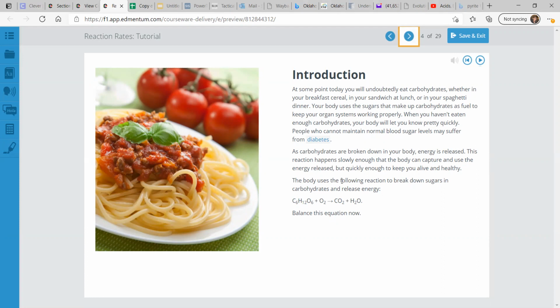Six, and then we got CHO. Six, H got 12. 12. And then O, we have 6 plus 8. Over here we got 12 plus 6.